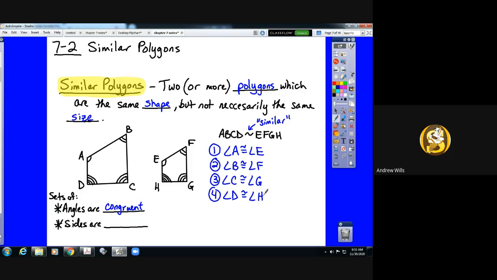Then we've got the sides. Well, the sides, we're not guaranteeing that they're the same size. So the sides are not congruent. The sides are proportional. So what I mean by that is that all four sets of sides are proportional to each other.